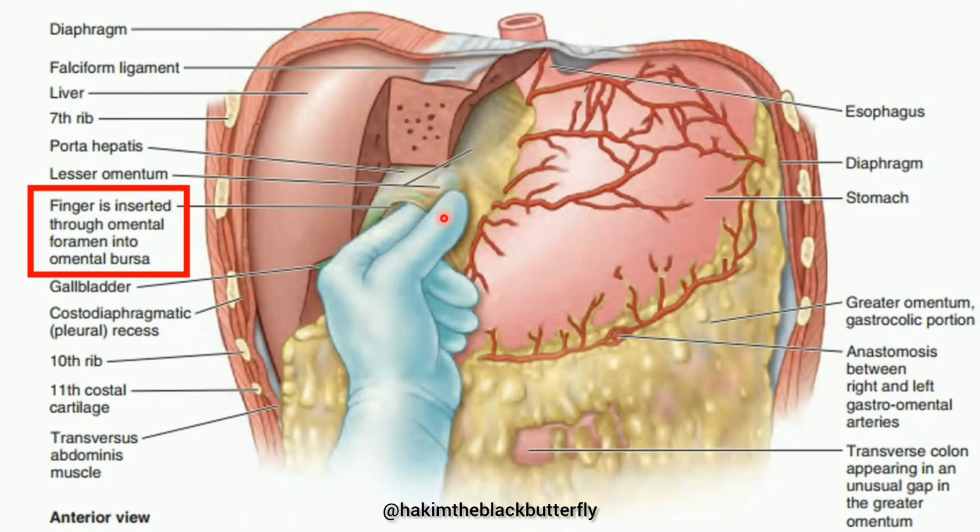This is called the Pringle maneuver. It's a surgical maneuver that intends to temporarily occlude the blood vessels that take blood to the liver. I won't overspend time on this, but I just mentioned it.